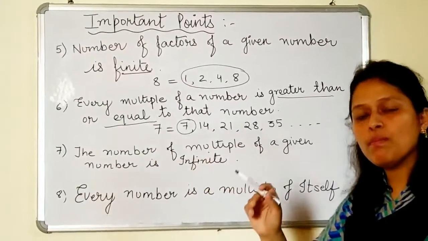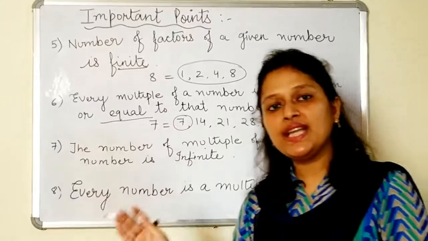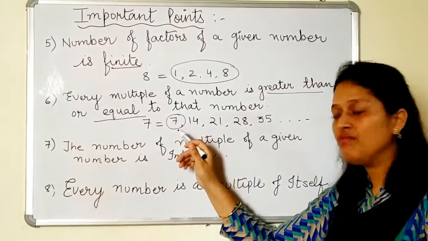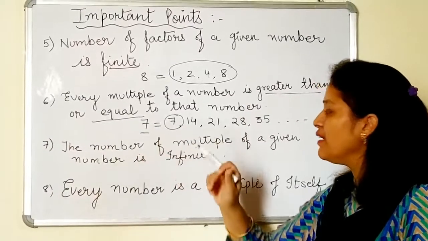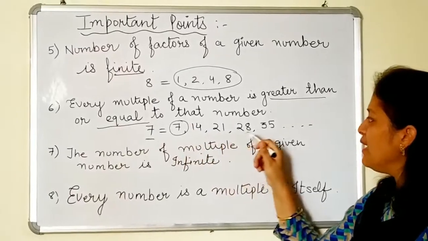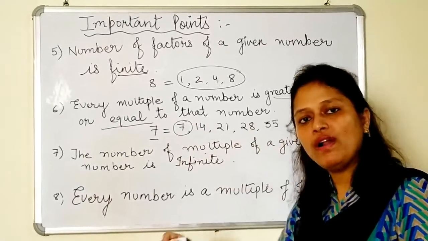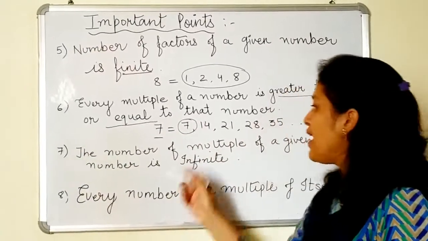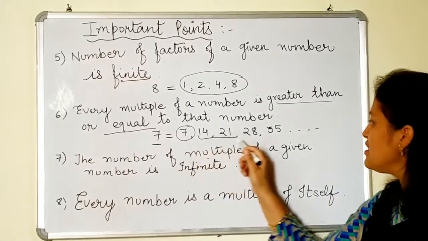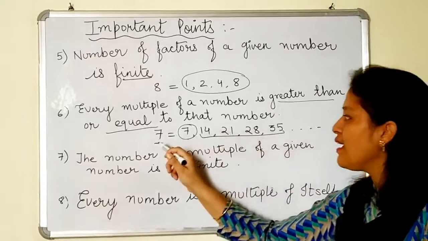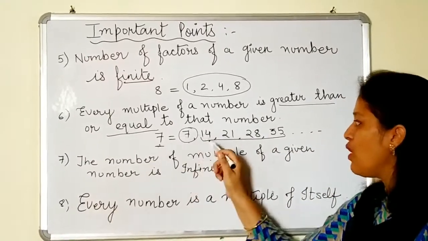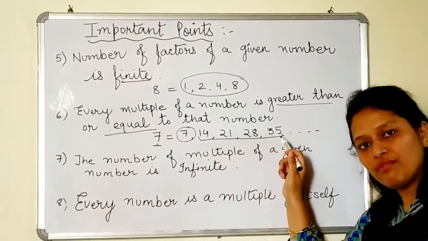There is no multiple of 7 which is less than 7. The smallest multiple is 7 which is equal to the given number. So this point states that every multiple is either equal to or greater than the given number. As you can see, 7 is equal to 7, but all the rest of the multiples are greater than 7. So every multiple is either equal to or greater than the given number.